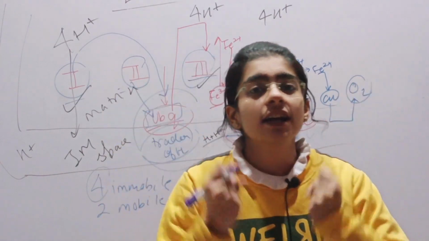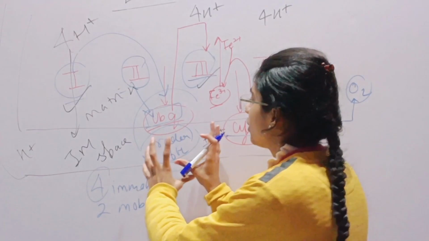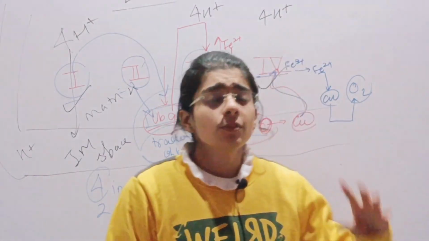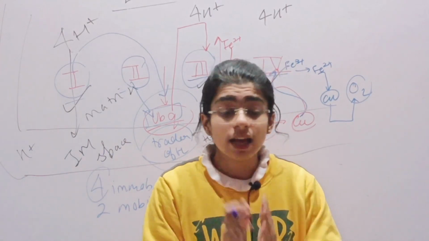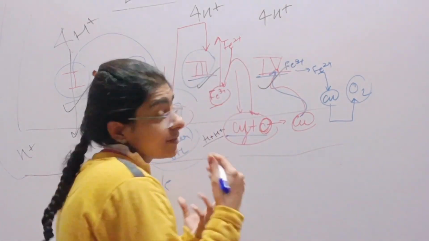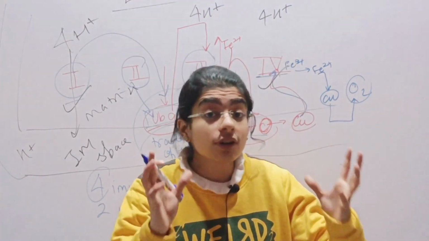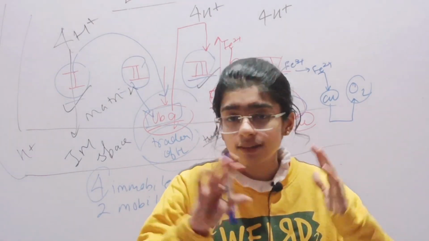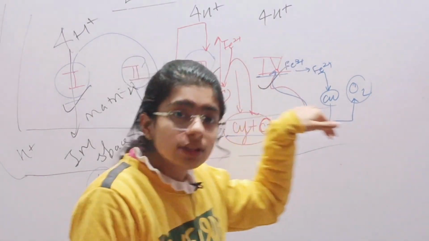These all will harvest the hydrogen and give it to the ubiquinone. Ubiquinone will be reduced to ubiquinol, because hydrogen will reduce it as it is very negative. So ubiquinol will say that I can't sustain such negativity and it will transfer to the third complex.